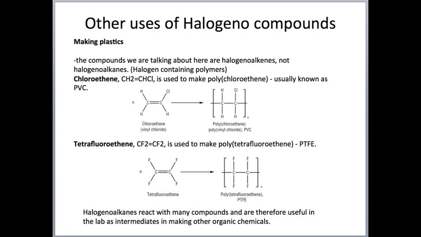So chloroethene is the monomer for PVC, which can be used for windows and other things, and tetrafluoroethene is used for non-stick pans and so on. And halogenoalkanes also react with many compounds, so they're very useful in the lab as intermediates in making other organic chemicals.